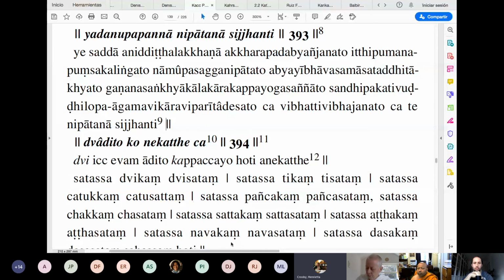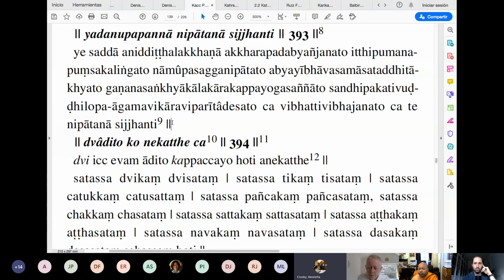So he's using a rule to explain the nipata kira to gloss karana, but there isn't actually historically any connection as far as I can tell.